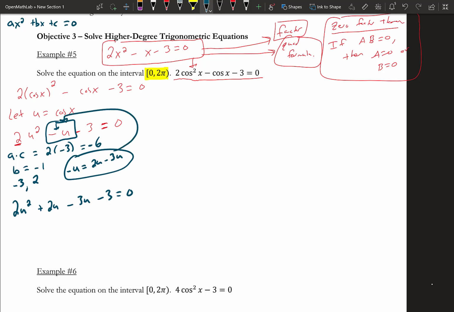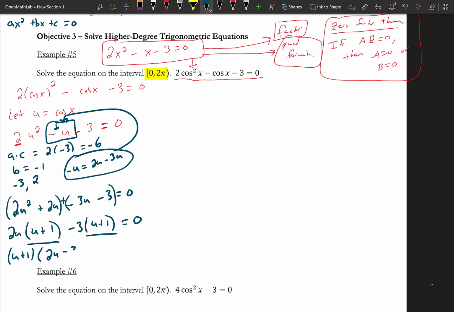Now I'm factoring by grouping. I can pull 2u out of the first pairing, which leaves u plus 1, and here I can pull out a negative 3, which leaves u plus 1. There's a common factor of u plus 1, so I can pull that out front and multiply by what's left, which is 2u minus 3, and this equals 0.